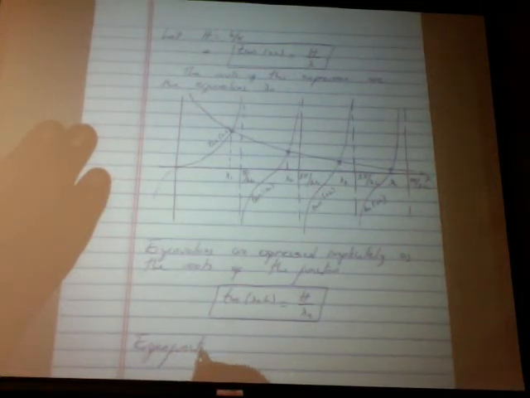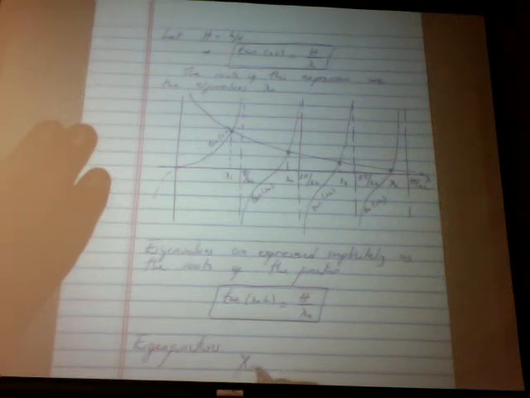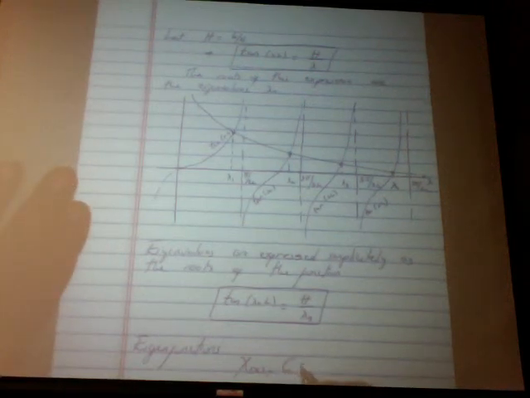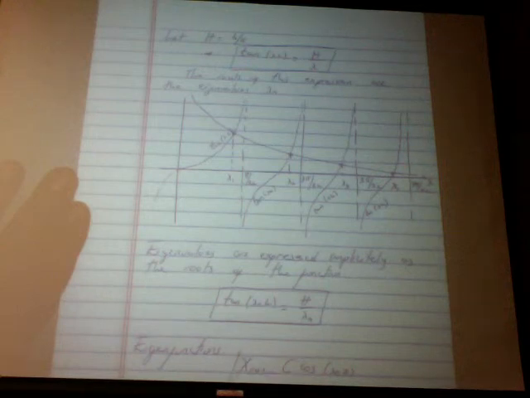And the eigenfunctions are X of x is equal to the constant of integration. We have found d is equal to 0, so it's c times the cosine of lambda n x. There it is.